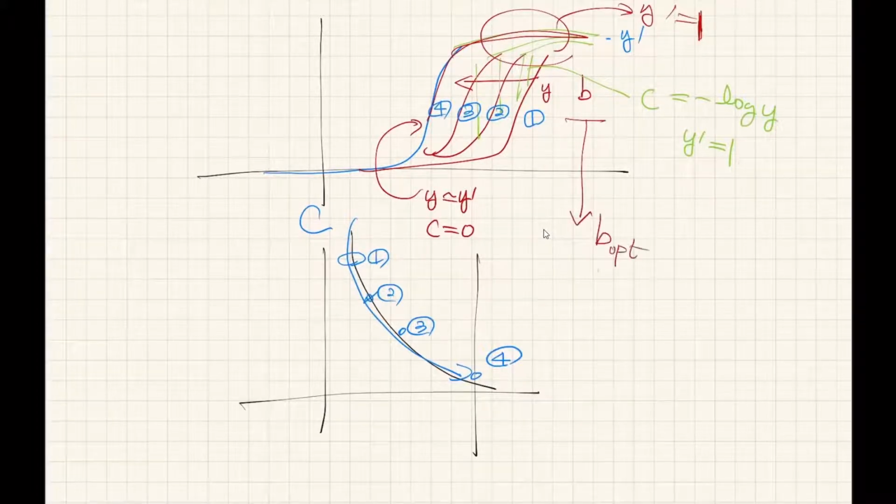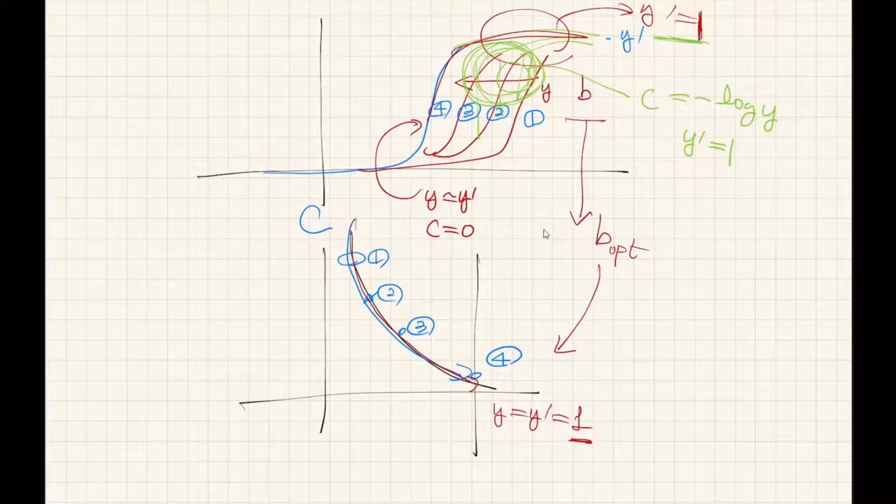In terms of cost, initially it will be infinite, but eventually it comes down to a point where Y is Y dash, and that is equal to 1. Why am I focusing on Y equal to 1? Because the dominant area which determines the cost occurs in this area where Y dash is equal to 1.